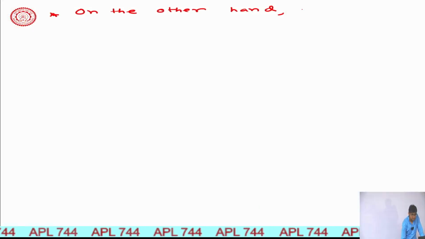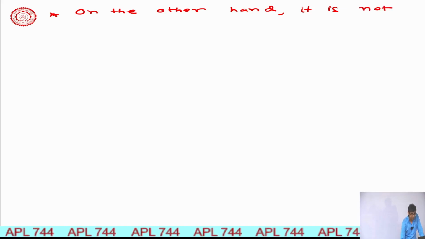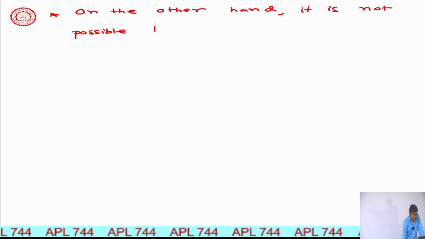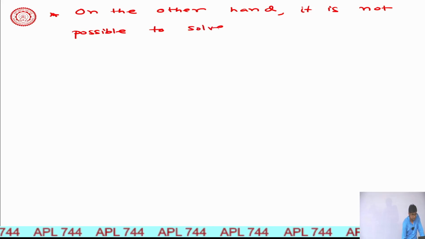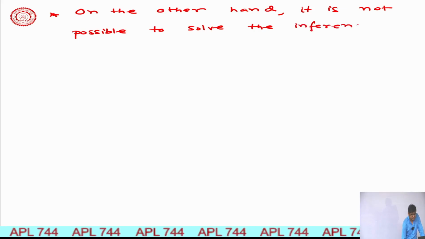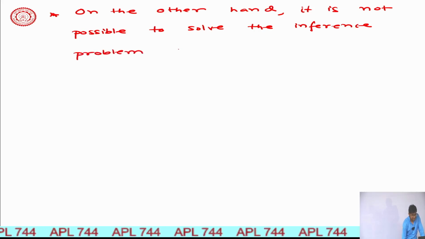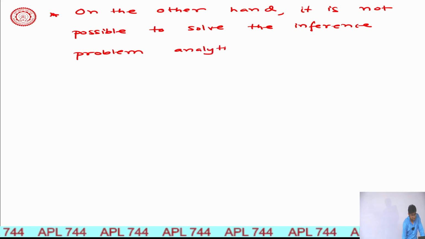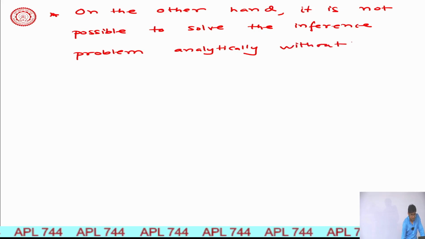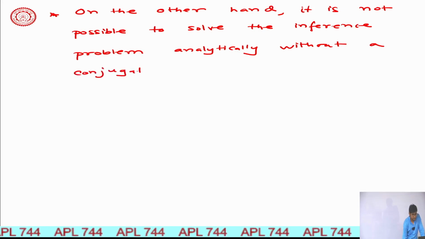In other words, it is not possible to solve the inference problem analytically without a conjugate prior.